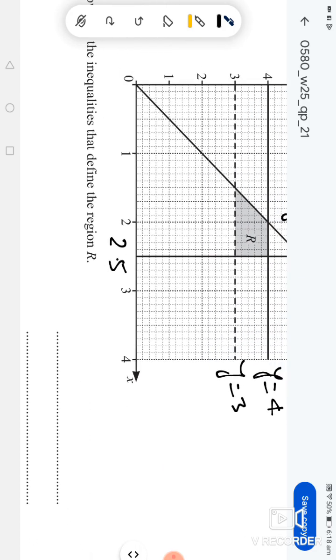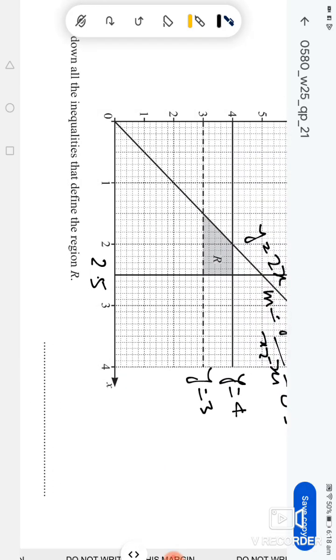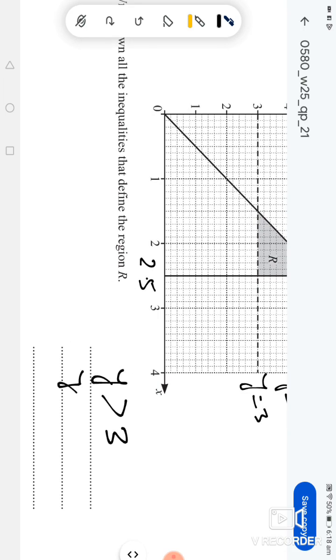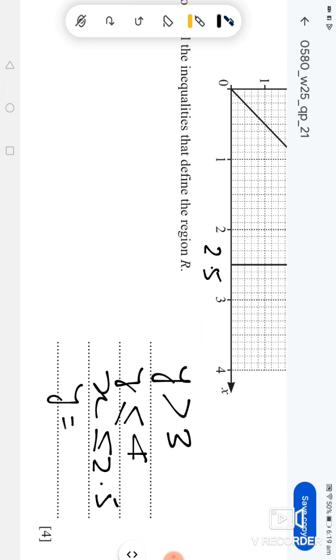So this is y greater than 3 and y greater or equal than 4 and x greater or equal 2.5 and y equal 2x.